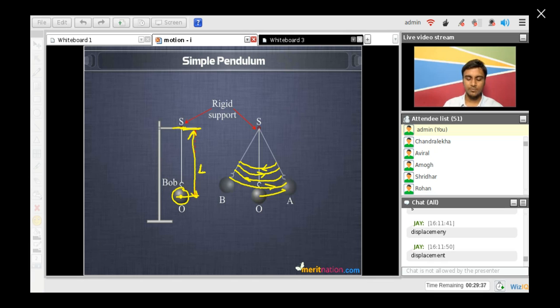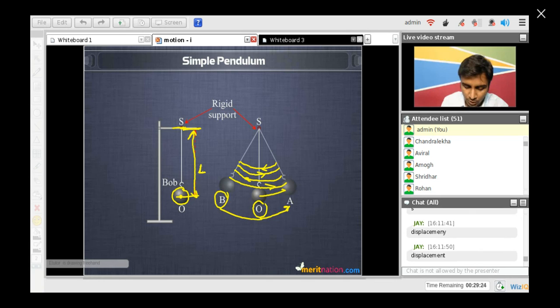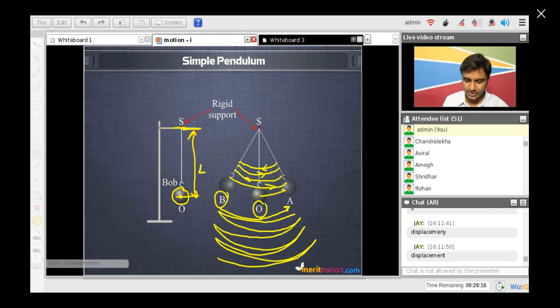If I drop it from A, it will come to the mean position O, then go up to point B. Again it will come to O, then go to A, then again to O, then to B. So to and fro motion will continue in the same way.